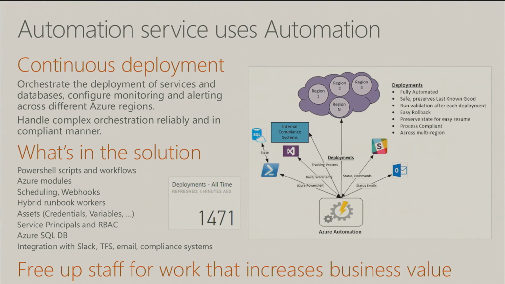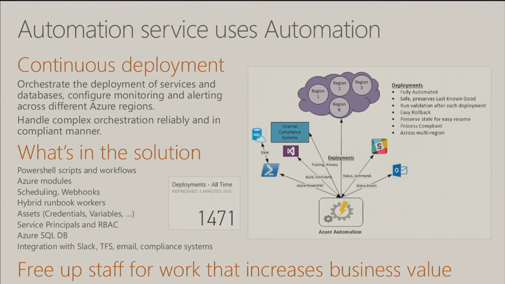If you look at the diagram up here, you can see that we're using the Azure Automation service. It uses all of these different parts of the solution. They have PowerShell scripts and PowerShell workflows. They use Azure modules. They use scheduling and webhooks. There are hybrid runbook workers involved, and many different types of assets with credentials and variables in them. They use the service principals and the Run As accounts to talk with Azure.